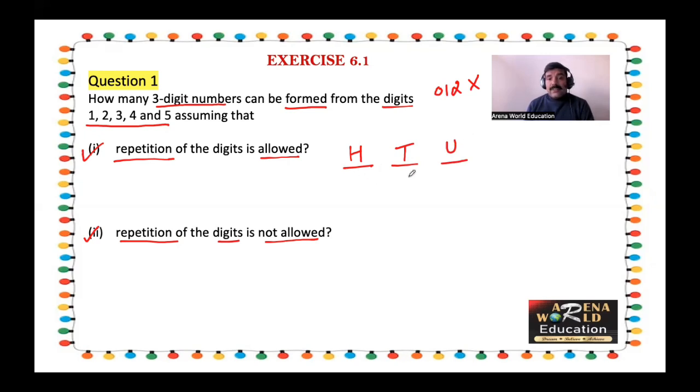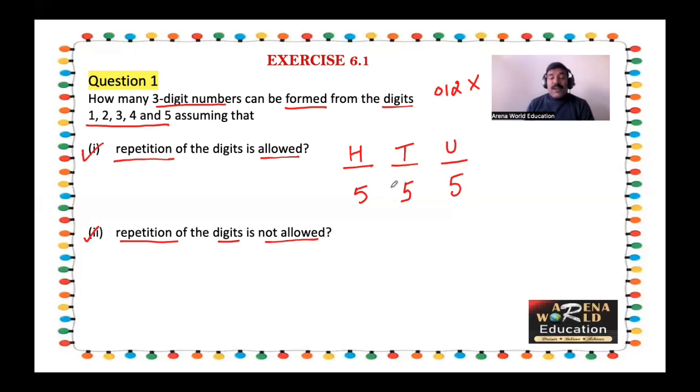If we start from the units place, we have five numbers, 1, 2, 3, 4, 5, and the unit place can be filled in five different ways. We can choose any of 1, 2, 3, 4, or 5. Since repetition is allowed, the same can be done for the tens place and the hundreds place.